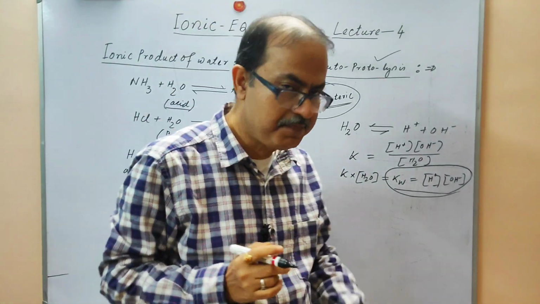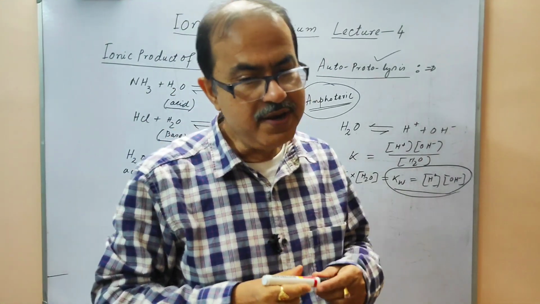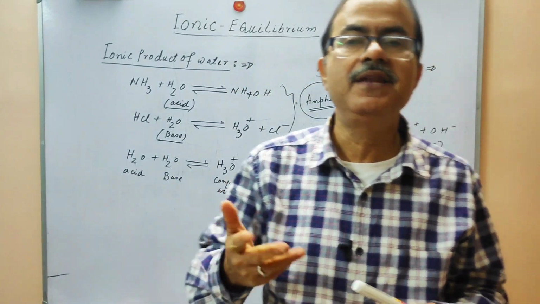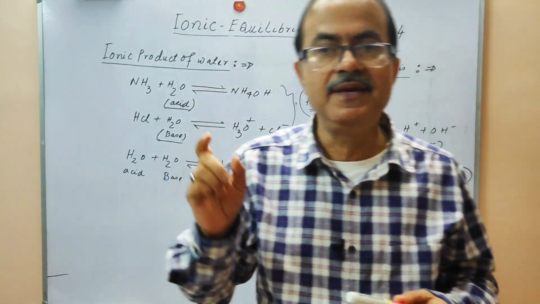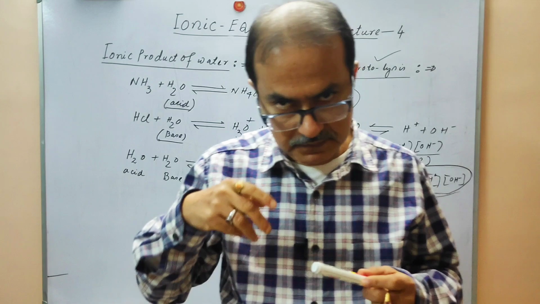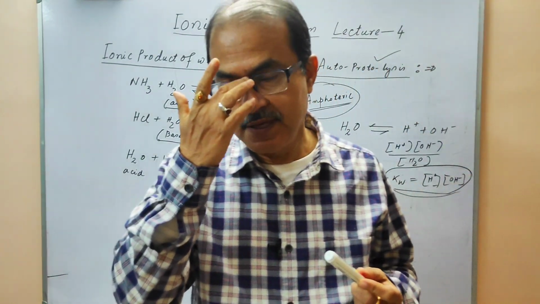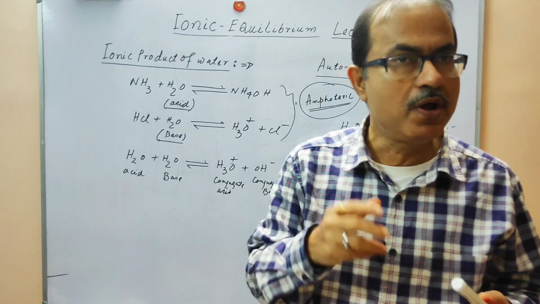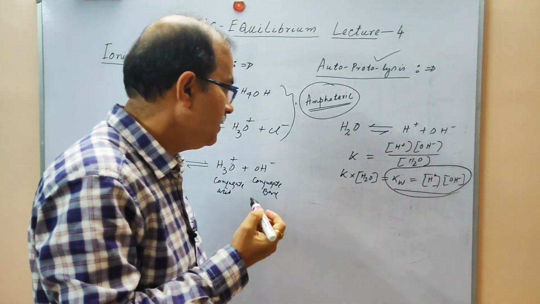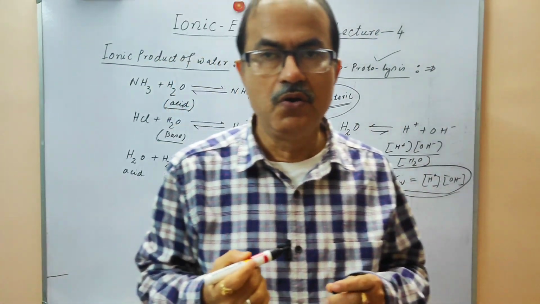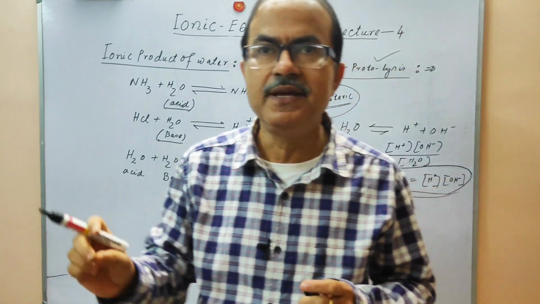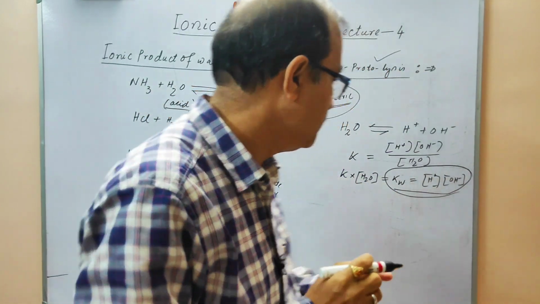How does it depend on the temperature? When it is at a higher temperature, the dissociation increases, the ionization of water increases and it produces more ions. So at that time its Kw will change. When it is at a lower temperature, its Kw will also change.